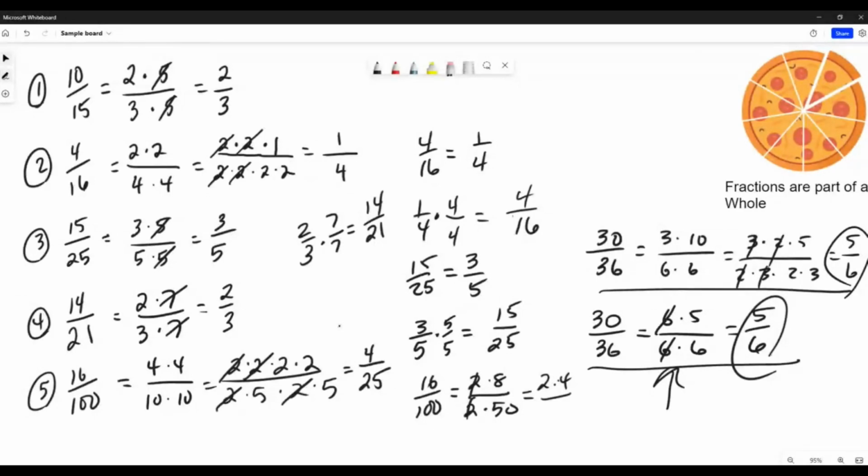And I know that 2 will go into 50 25 times. The 2's divide out, and I have 4 over 25. I still got to the same answer. I just went a little bit longer out of the way.